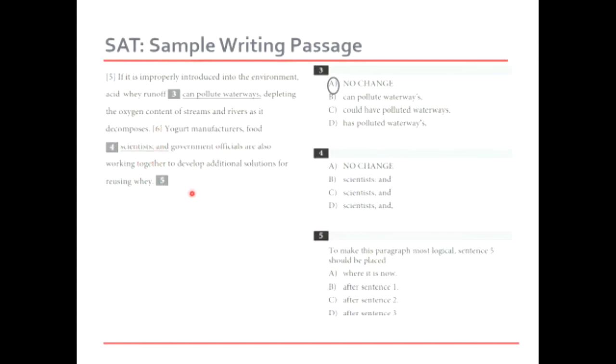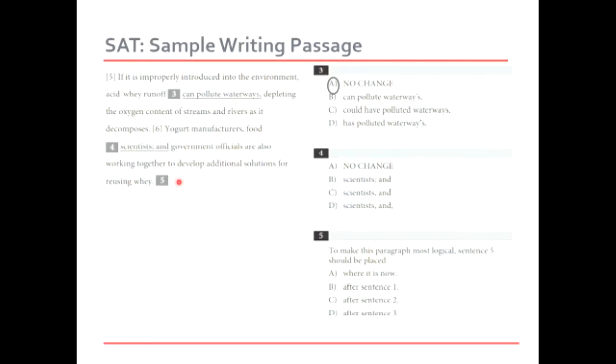If you remember, I mentioned that a semicolon is used to connect two independent clauses, whereas this seems to be more like a list, because it's talking about yogurt manufacturers, food scientists, and government officials working together to develop additional solutions for reusing whey.